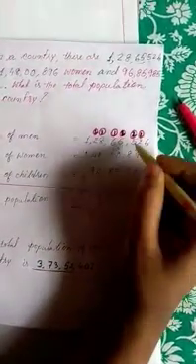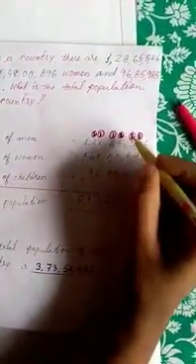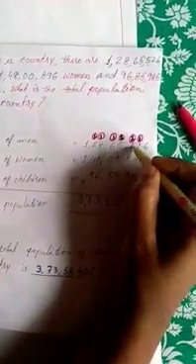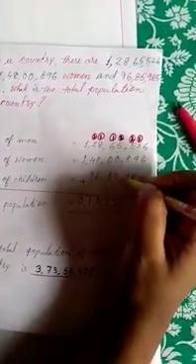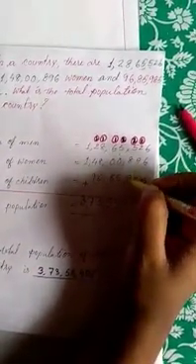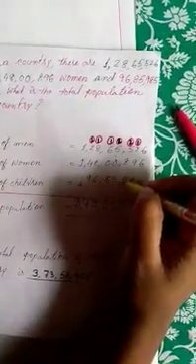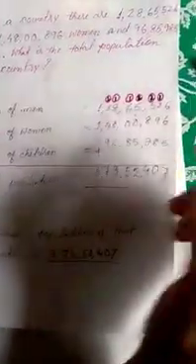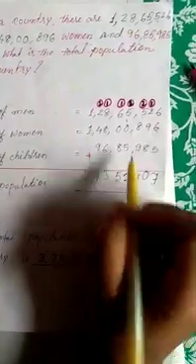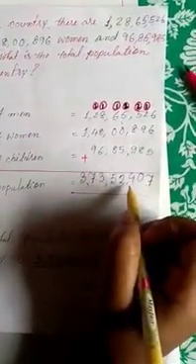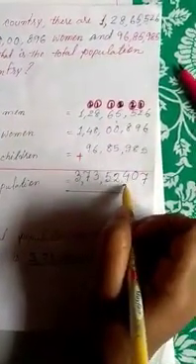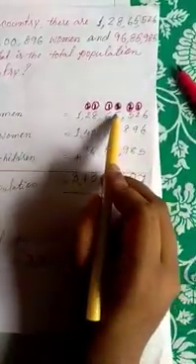From 20, 0 we will write and 2 will carry forward. So 8 plus 5 is 13, and 9 is 22, and 2 is 24. From 24, 4 we will write and 2 will carry to the next place.